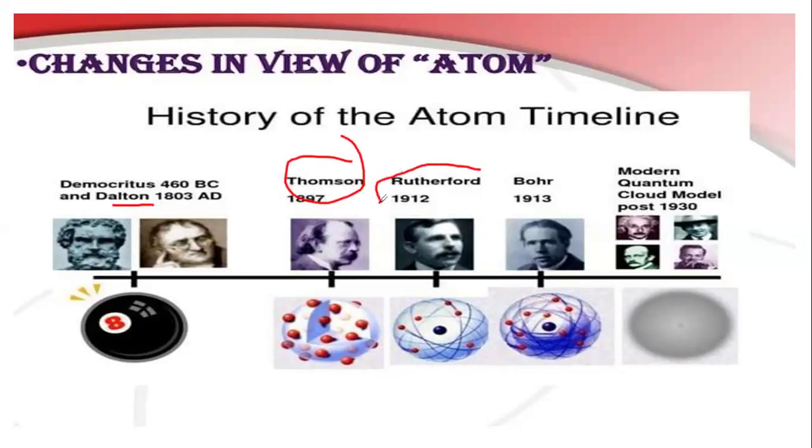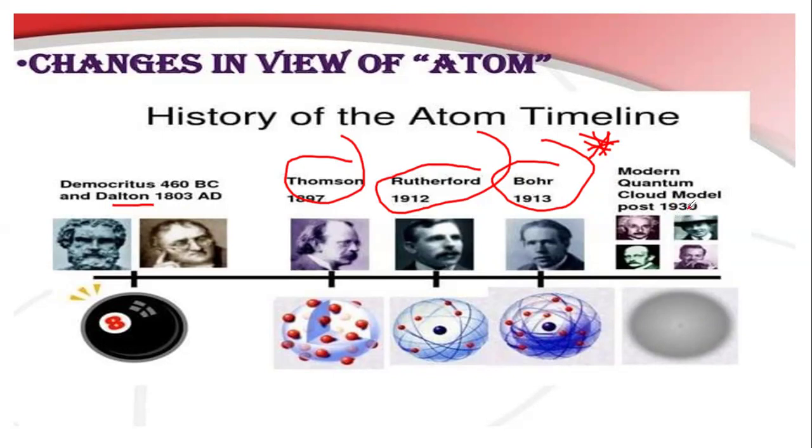We have Rutherford, and then we have Bohr. The Bohr model is the very common one; everyone should know Bohr's model. After Bohr's model, we now have the modern one, the present model of the atom, the modern quantum cloud model.